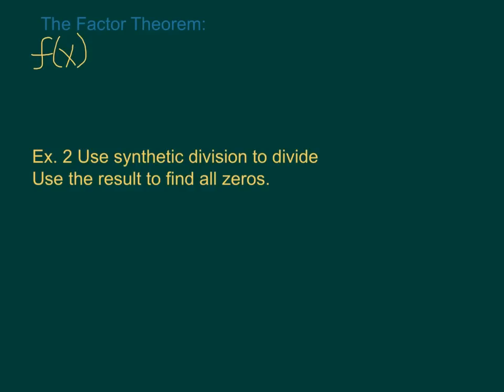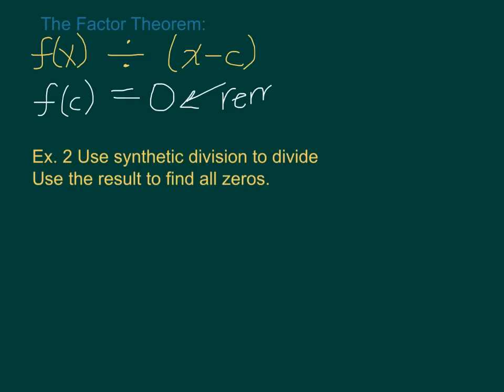And remember that last example, what we did, in order for this to be the factor theorem, your remainder has to be 0. So when you do synthetic and you divide by x minus c, that means that f of c, that number that you're using to divide by, the remainder has to be 0 in order for it to be a factor.